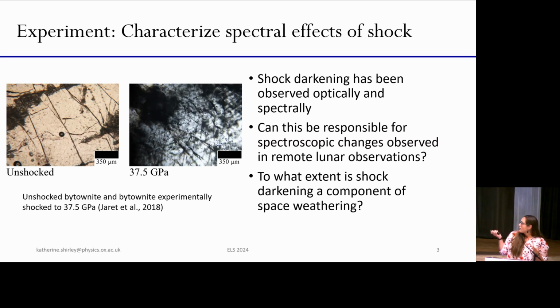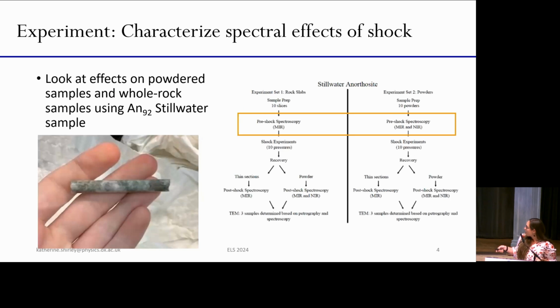So can we then use a material that's a bit more comparable to the lunar regolith to do similar experiments and characterize them both optically and spectroscopically? So our project is to use the Stillwater anorthosite sample. And so we can see it here. This is a small core of it.